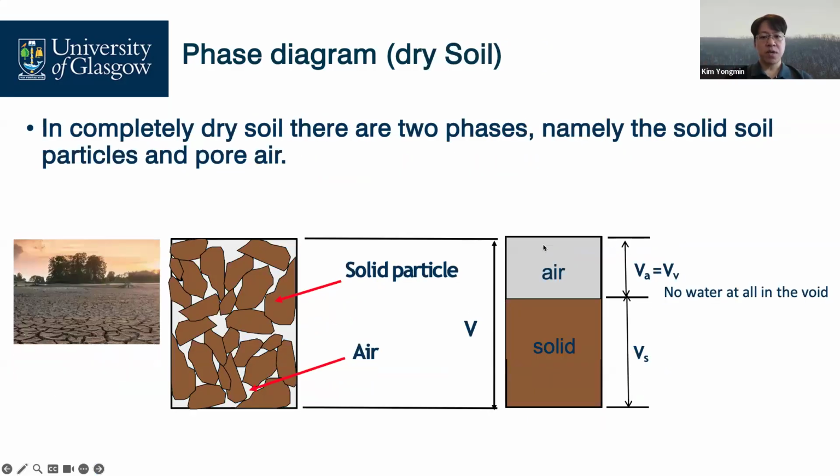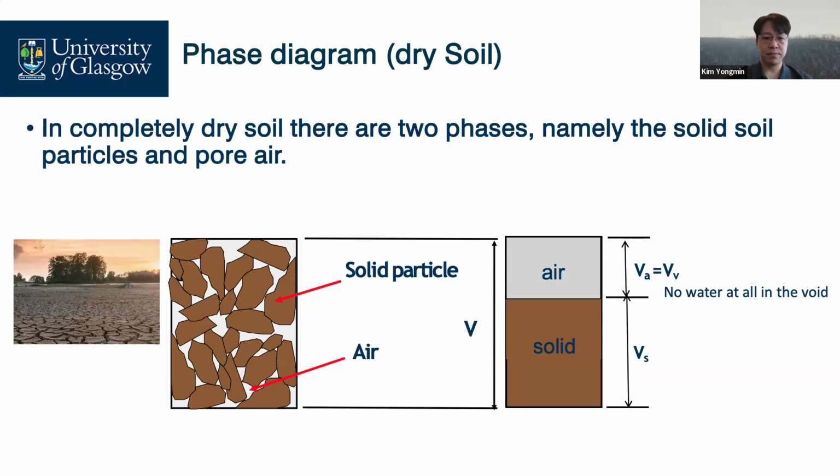This is completely dry soil. There are only two phases, solid and air. Water in the void was already dried out. The voids include purely air. Therefore, the void volume equals the air volume.